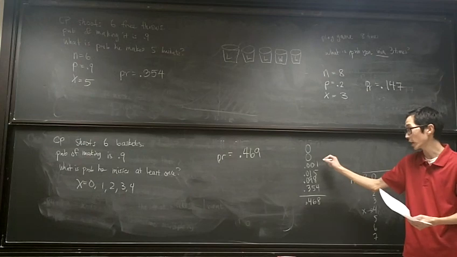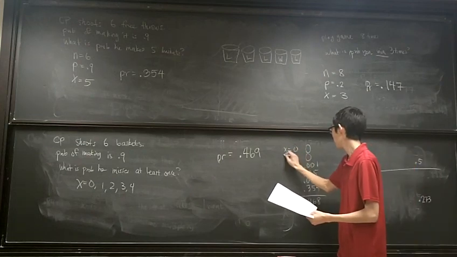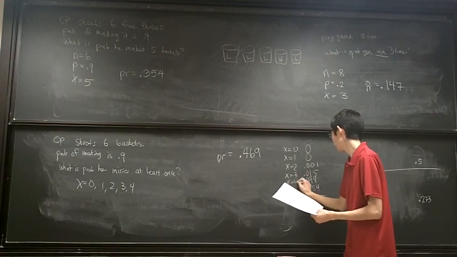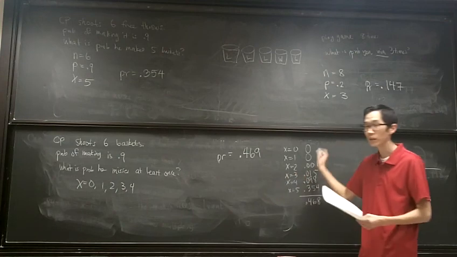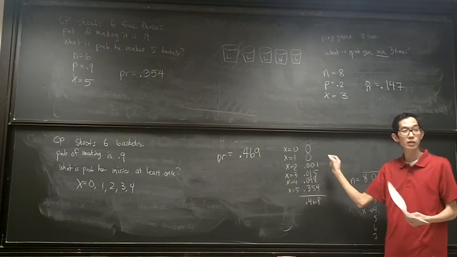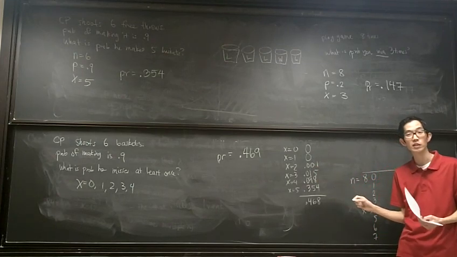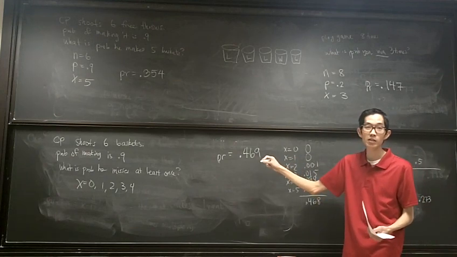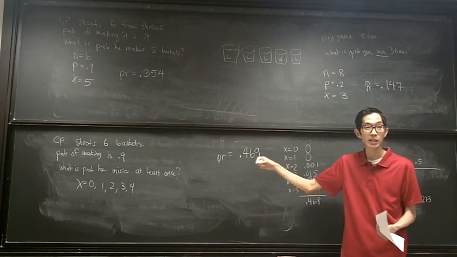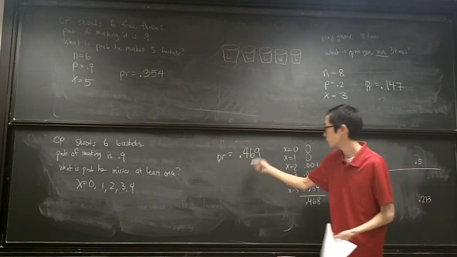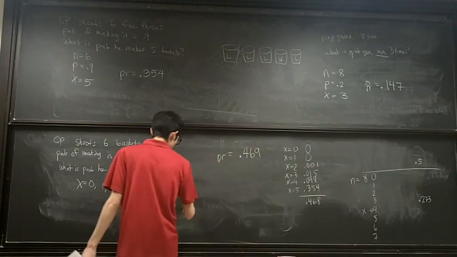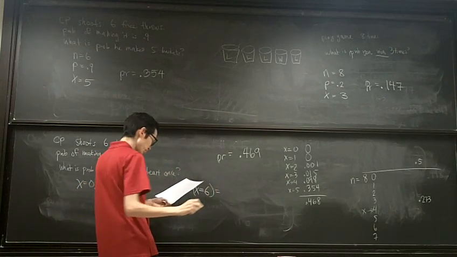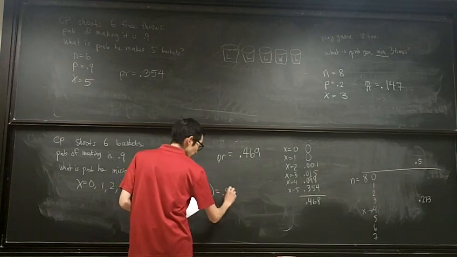Okay, so that's one way. This is x equals 0, 1, 2, 3, 4, and 5. What did I say at least 1 is the complement of? Missing at least 1 is the complement of missing none, or making all 6. So what's the probability that x equals 6? 0.531.